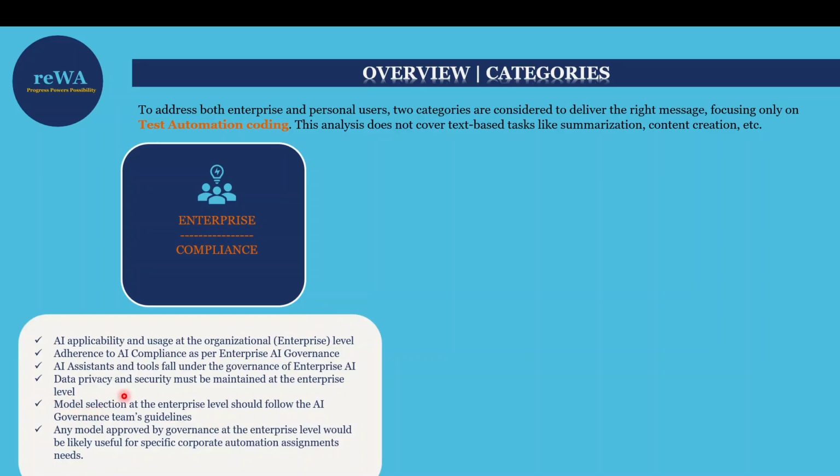Whoever is on the corporate side, working on assignments at enterprise level, must be aware of the AI governance happening in their organization. Mostly we call it a governance group or council, or whatever the name. There is a certain group on the enterprise side which has a certain set of processes and protocols that everyone should follow while using it.